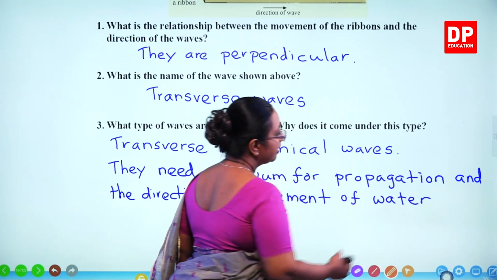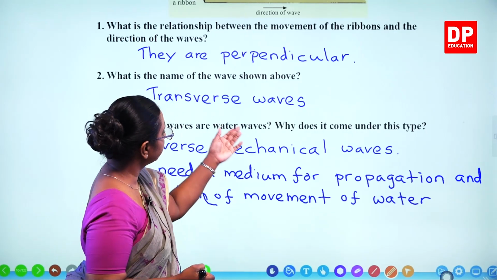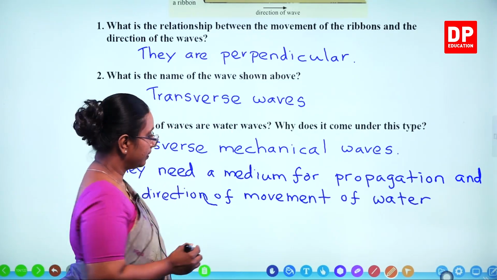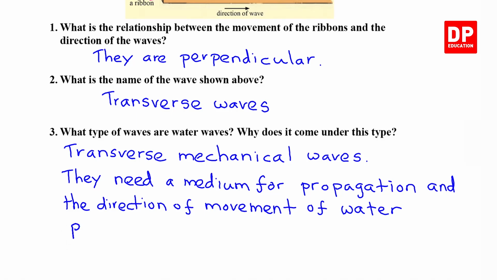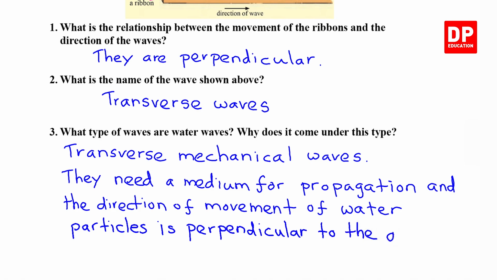Here I will refer to it as water particles because it's the water waves.